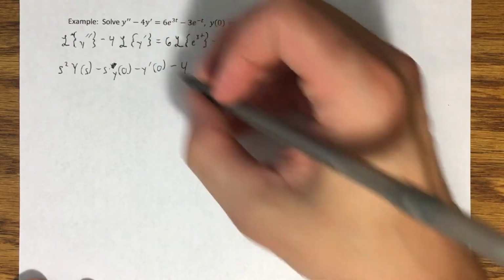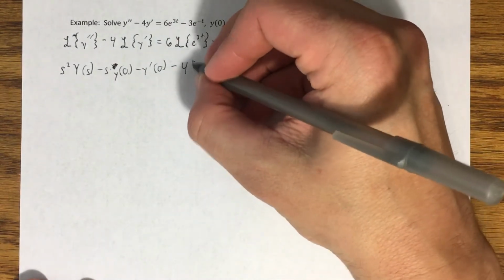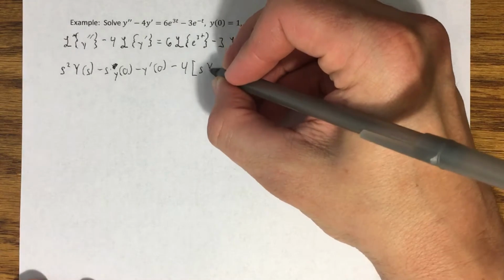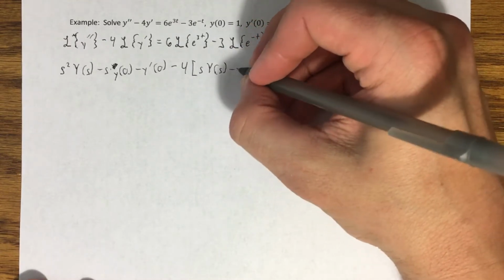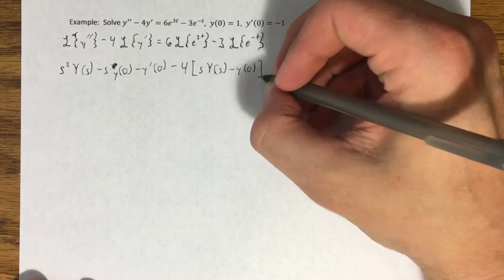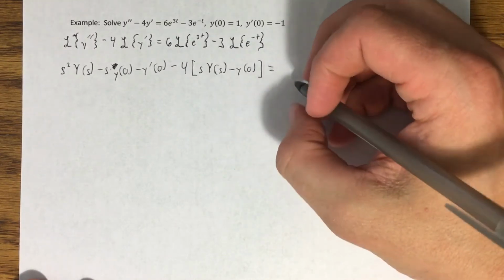Minus 4 times the Laplace transform of y prime, which we know is equal to s Y of s minus y of 0. Okay, and again, this is just from that formula that we developed.